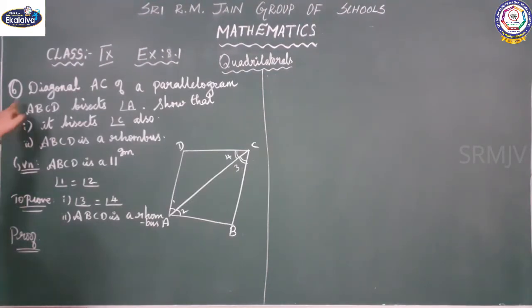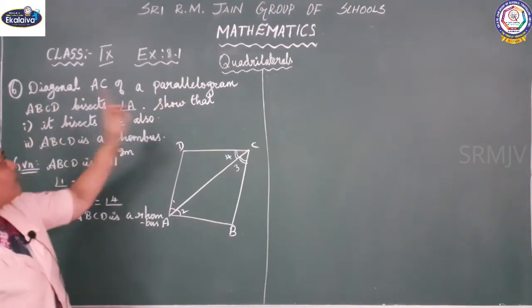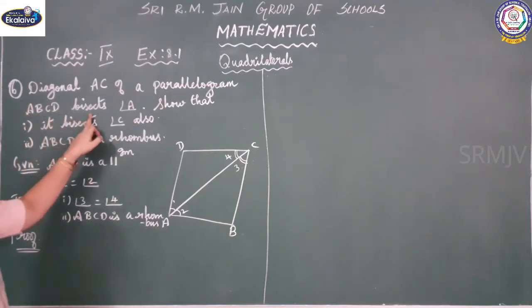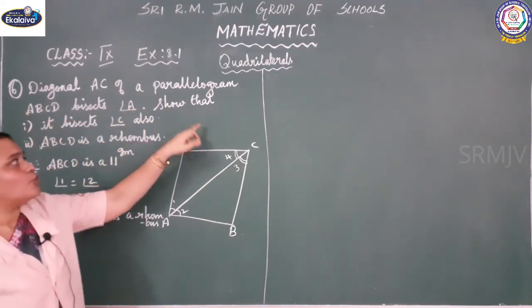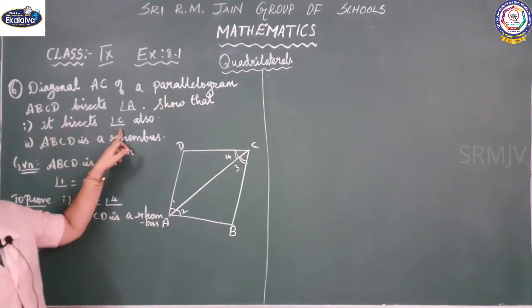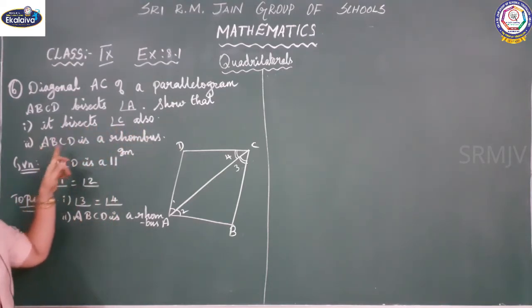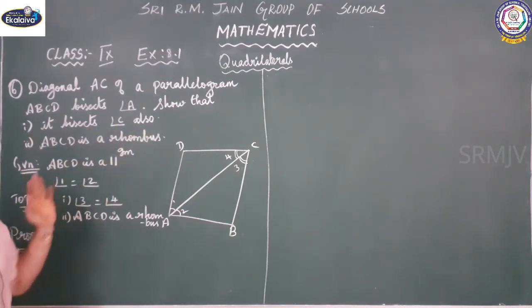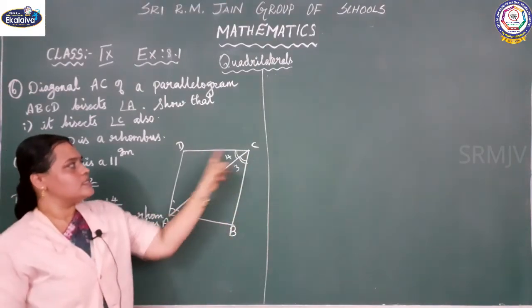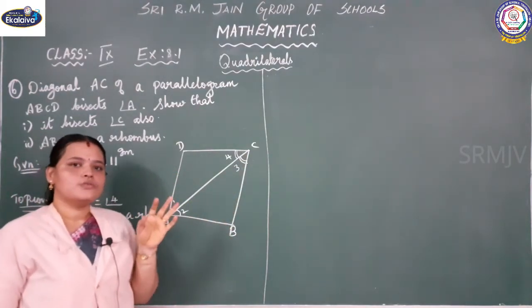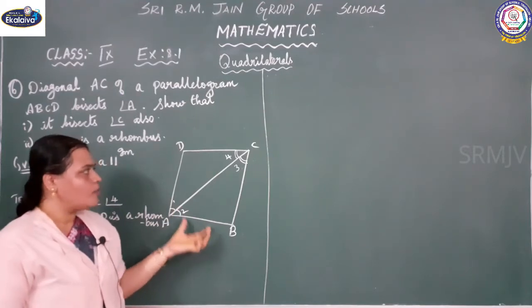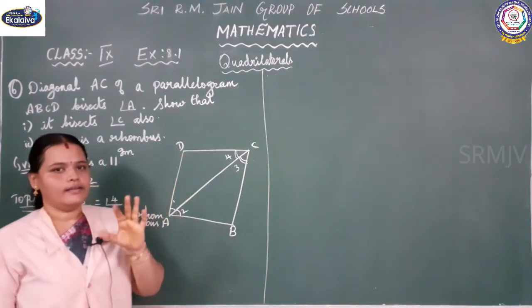So, sixth question: diagonal AC of a parallelogram ABCD bisects angle A. Show that it bisects angle C also, and ABCD is a rhombus. What is it that they have given? ABCD is a parallelogram. So we know very well that in a parallelogram opposite sides are parallel and equal.